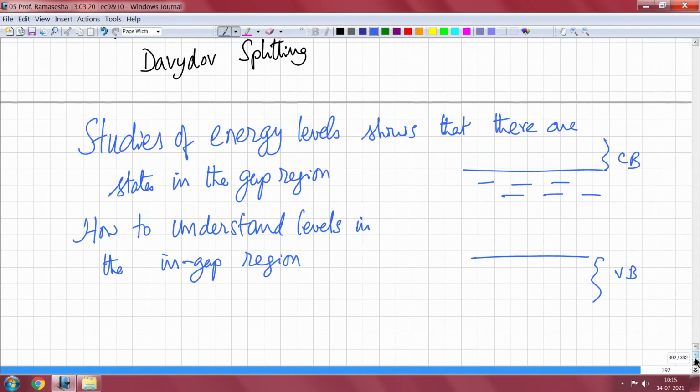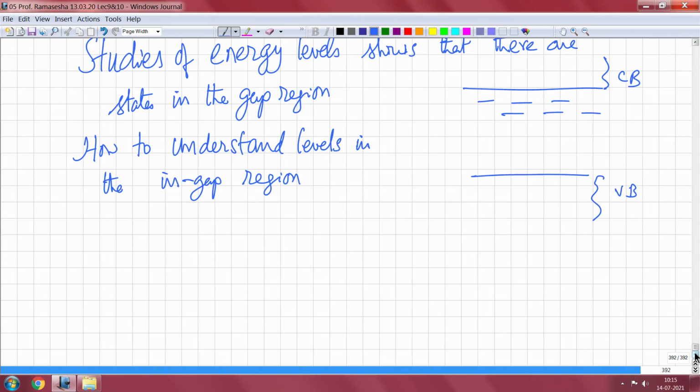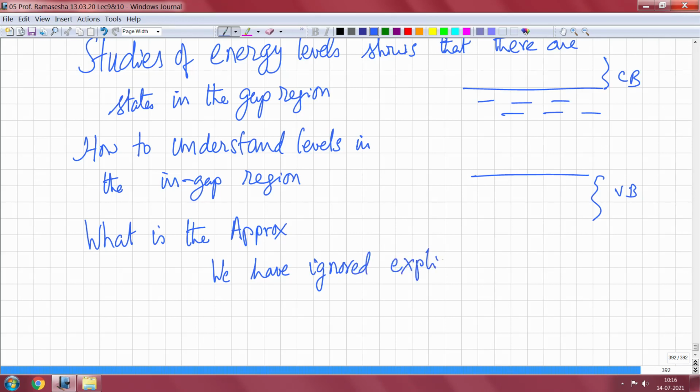In order to understand that, we have to first find out what was missing in our energy band calculations. What is the major approximation that was done in energy band calculation? Because whenever you are dealing with multi-nuclear systems, the Born approximation is always made, so it is not an issue. But the major approximation that we have done for the electrons is that we have ignored explicit electron-electron correlations, explicit electron-electron interactions.